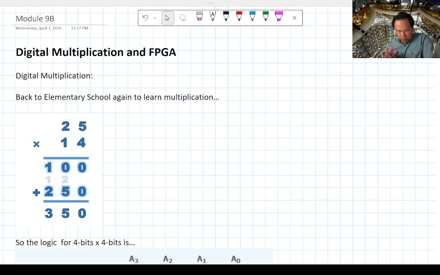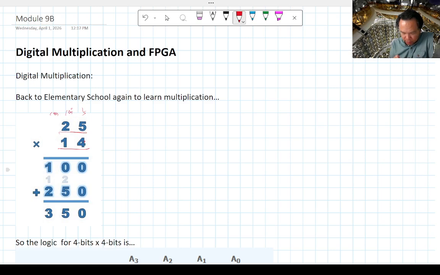Okay, so first of all, let's remind ourselves how to do multiplication. Going back to elementary school again, right? If you want to multiply 25 times 14, what you do is you line them up once again with their specific places. This is the ones place, this is the tens place, this is the hundreds place.